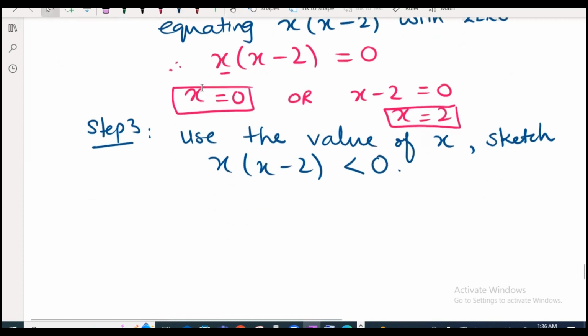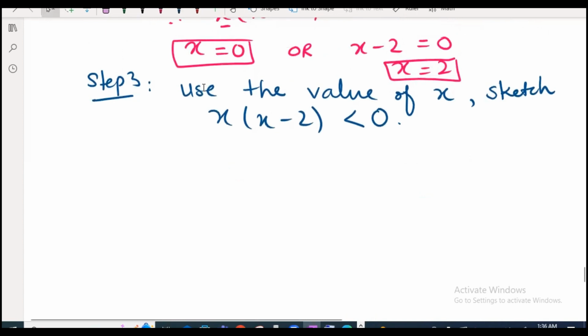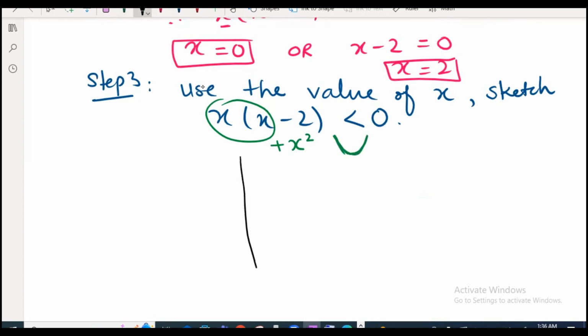So recall, if the x square is positive here, this type of parabola will be sketched. So with the help of this note, this is the y-axis, this is 0 and 2 here. So going to sketch.